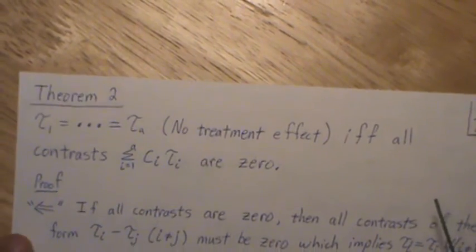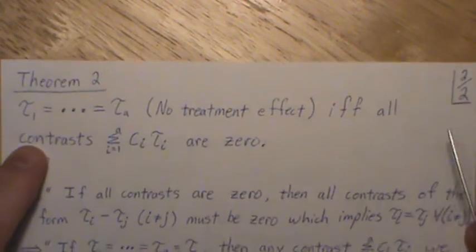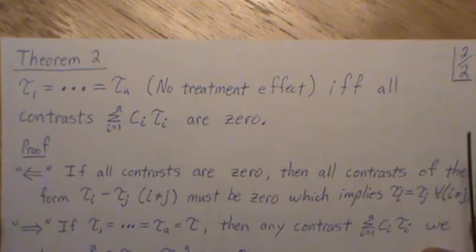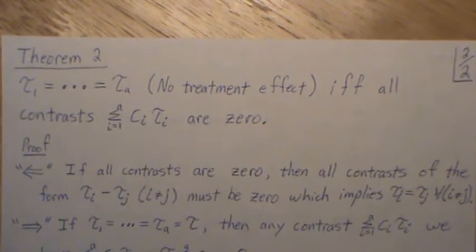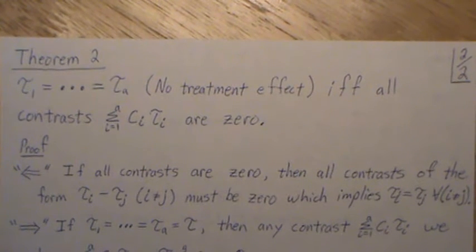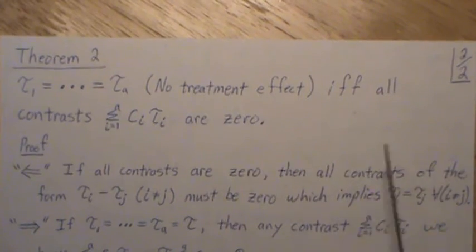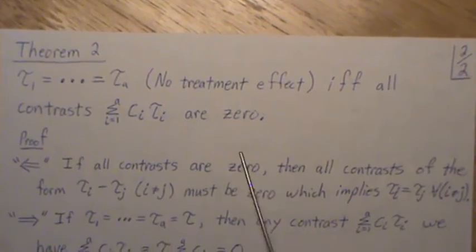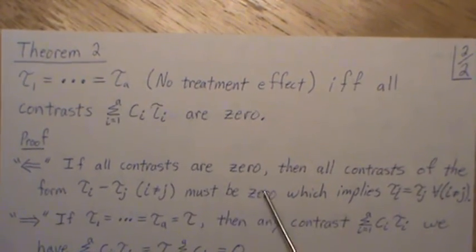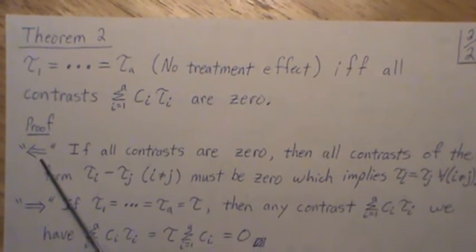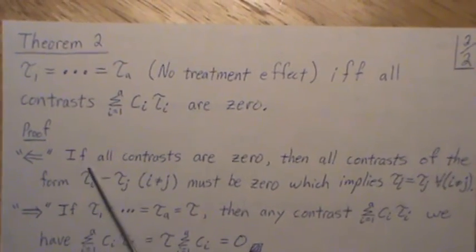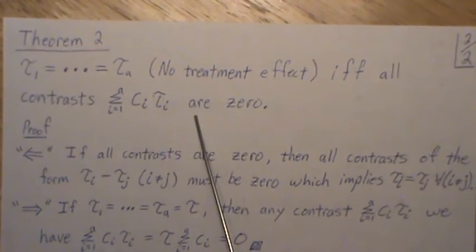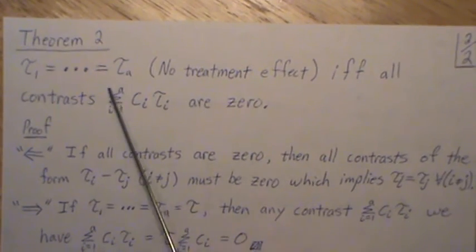So theorem 2 is that if there is no treatment effect, so all the taus are equal, I mean, if they're different, that means there's a treatment effect. But if they're all the same, then there's no treatment effect. And that is if and only if all the contrasts of this form are 0. Those two are equivalent definitions. And let's prove it. So let's go left, which means we're going to assume that all contrasts are 0 and show that there's no treatment effect.